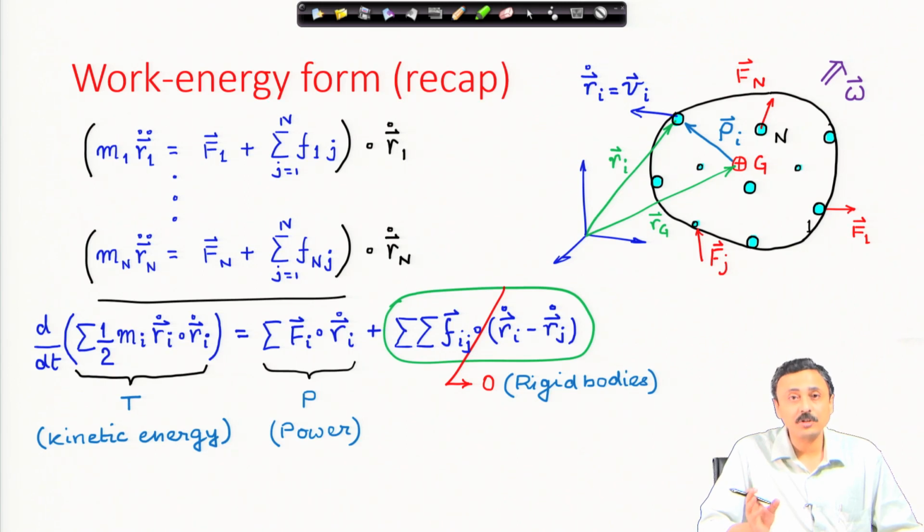Therefore, this relative velocity is perpendicular to the line joining the 2 points, and f i j is along the line joining the 2 points. Therefore, it is a dot product of two perpendicular or orthogonal things, and that is 0.